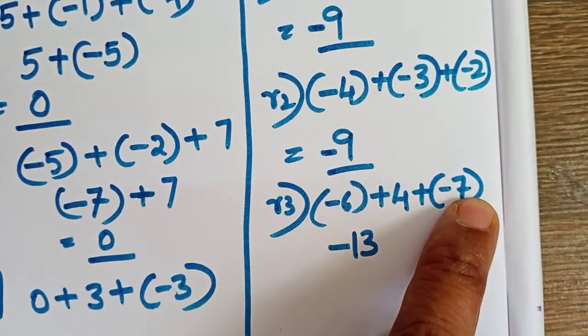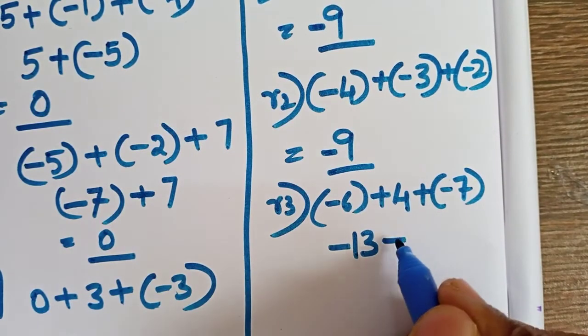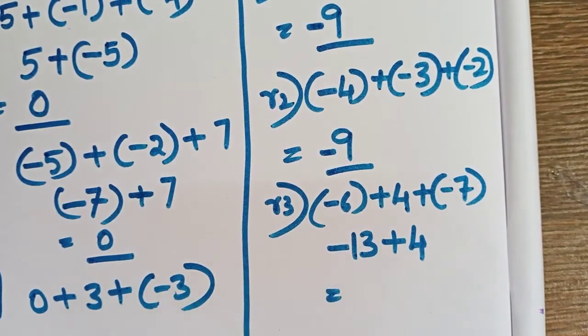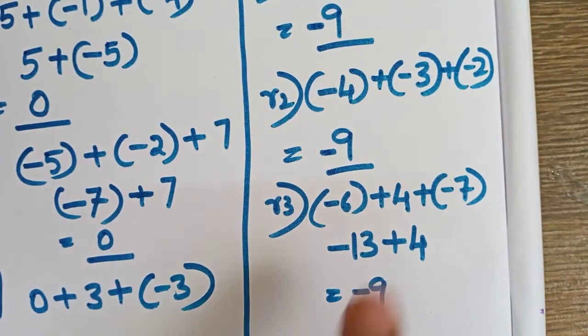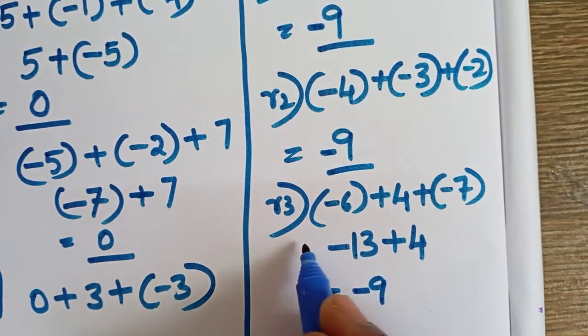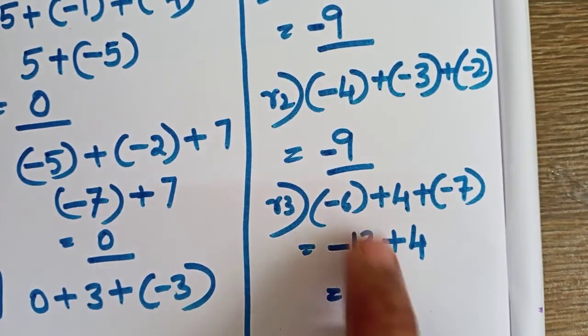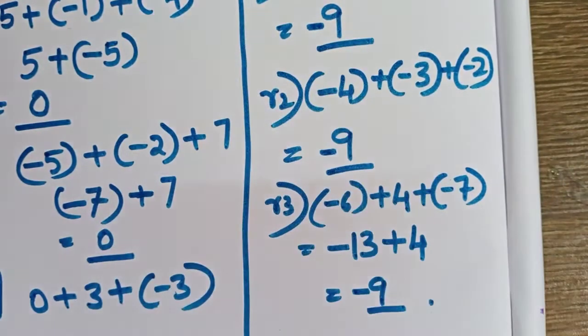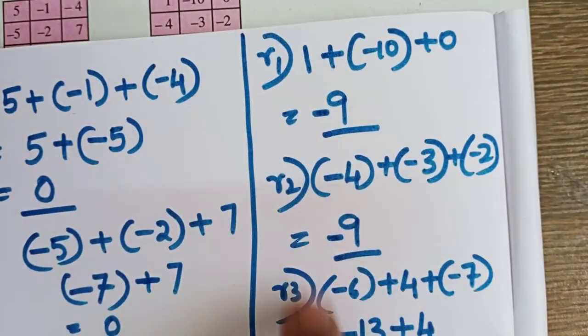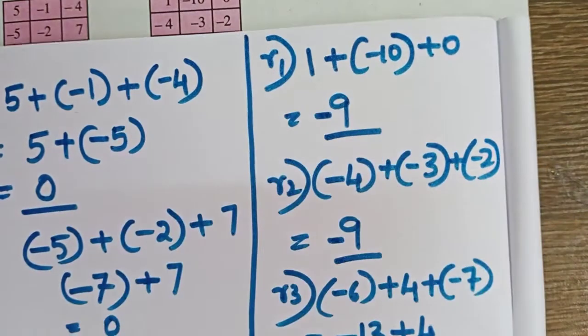Minus 13 plus 4. Now what will I get? Yes, I will get 9 but minus 9. Why? Out of 13 and 4, which is bigger? 13 is bigger, 13 is having a minus sign, so my answer also. So all the three rows R1, R2 and R3 are giving me a minus 9.